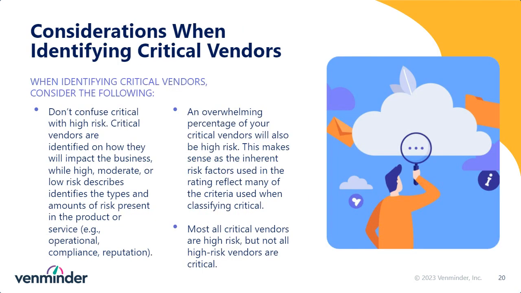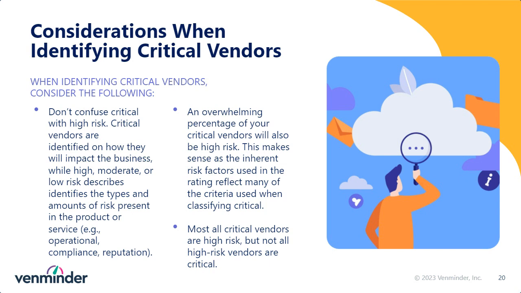So we're going to come back to this concept one more time, which is don't confuse critical with high risk, because critical talks about the impact on the organization, while your risk rating talks about the types and amounts of risk present in the product and service and therefore the engagement. One thing to remember is that an overwhelming majority of your vendors that are critical are also going to be high risk.